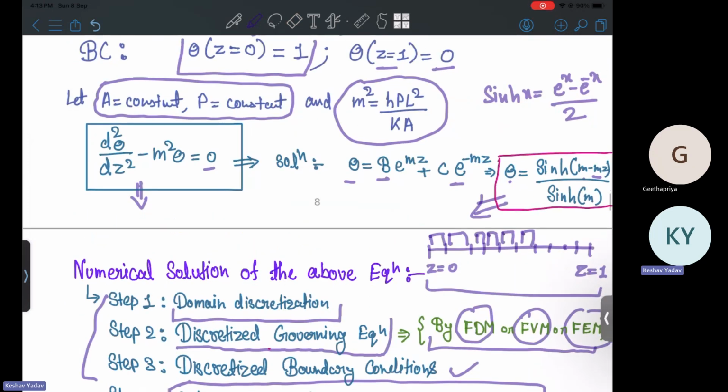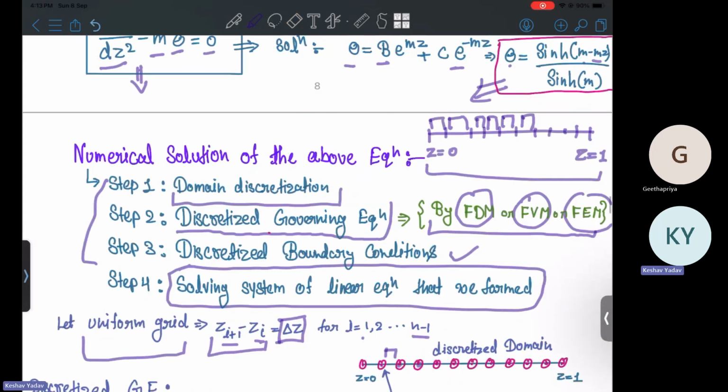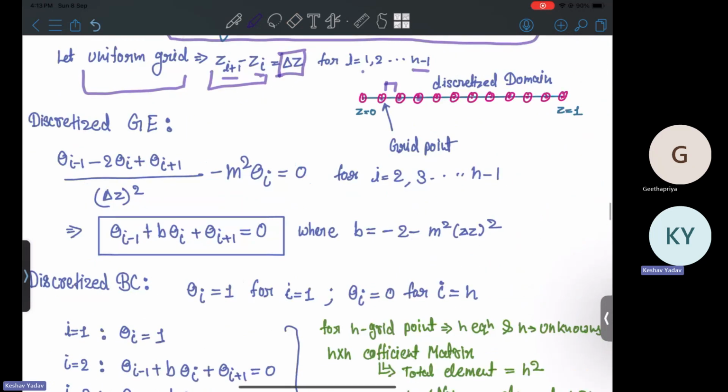Here we have d2 theta upon dz square minus m square theta. Okay. So d2 theta upon dz square, we can write using the finite difference method as theta(i minus 1) minus 2 theta(i) plus theta(i plus 1) divided by delta z square, minus m square theta. I am writing theta as theta i. Now, if you do some manipulation, you will get theta(i minus 1) plus B multiplied by theta(i) plus theta(i plus 1) equal to 0.